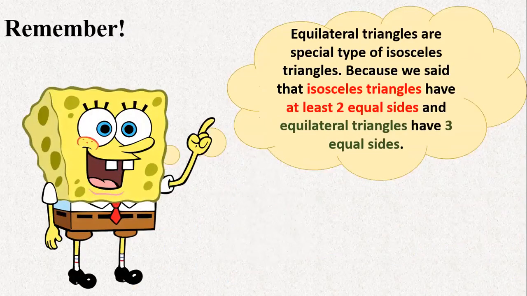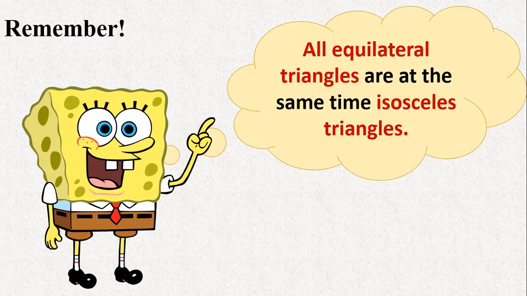Remember, equilateral triangles are a special type of isosceles triangles because we say that isosceles triangles have at least 2 equal sides and equilateral triangles have 3 equal sides. So all equilateral triangles are at the same time isosceles triangles.